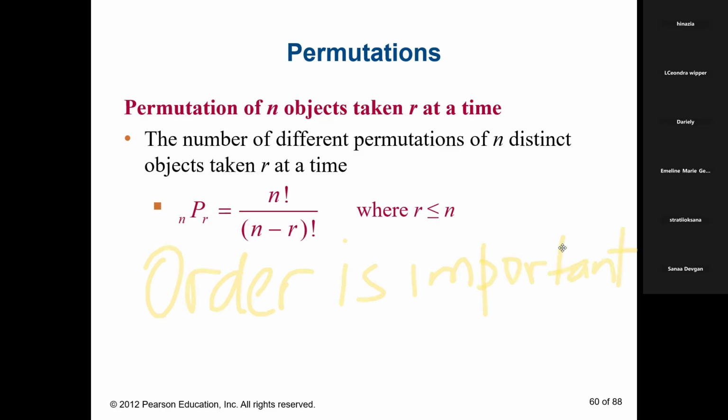Now, n is always greater than or equal to r. r cannot be greater than n, but they can be equal. But n is always greater than or equal to r. Got it? Okay.